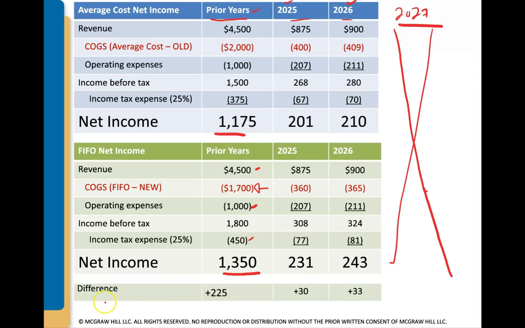Now this bottom row is just the difference in net income between the old method versus the new method. So pre-2025, we had a total increase of $225. 25 and 26 is plus 30 and plus $33. So that's just the difference in the income between the old method and the new method.